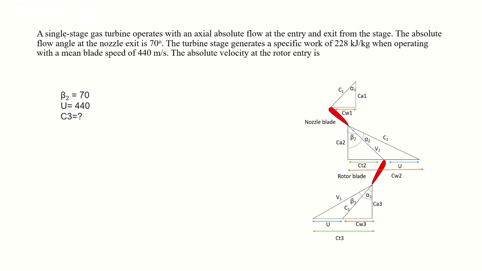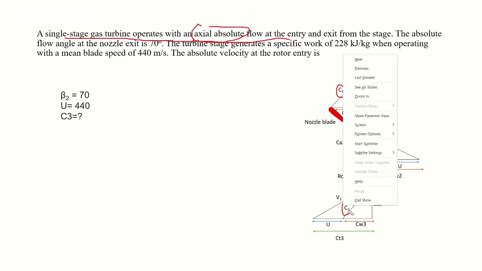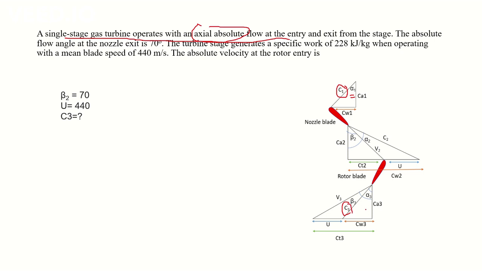A single stage gas turbine operates with an axial absolute flow. The words axial absolute flow mean that C1 is our absolute velocity and it is axial, so C1 becomes equal to Ca1 at the entry, and C3 will be equal to Ca3, the axial velocity at the exit.